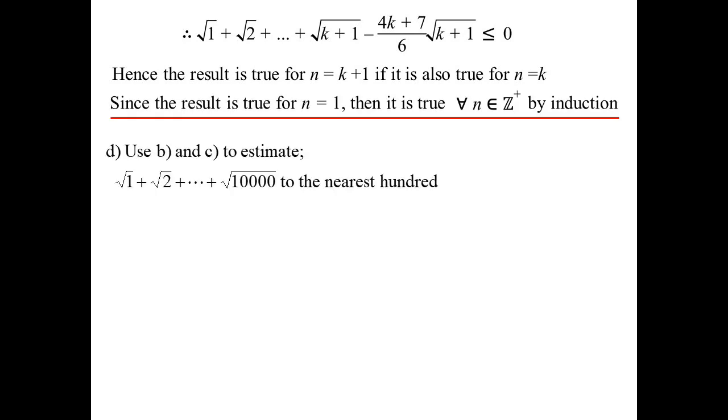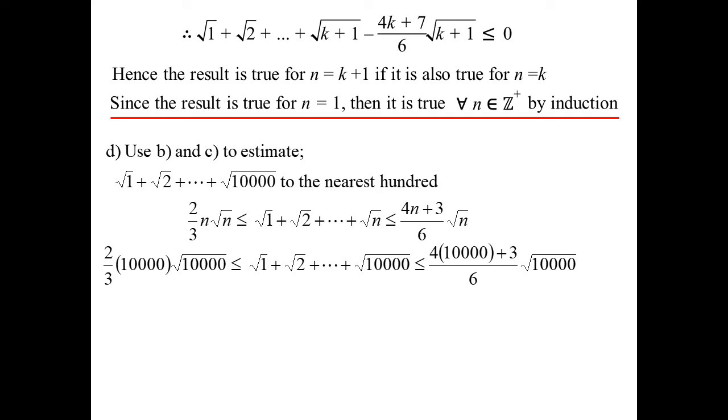Okay, so the next part of the question: can we just estimate what root 1 plus root 2 up to root 10,000 is? Well, what we've now done is trapped that expression between two values. All I've got to do now is sub in n equals 10,000. If I sub in n equals 10,000, there is our expression.